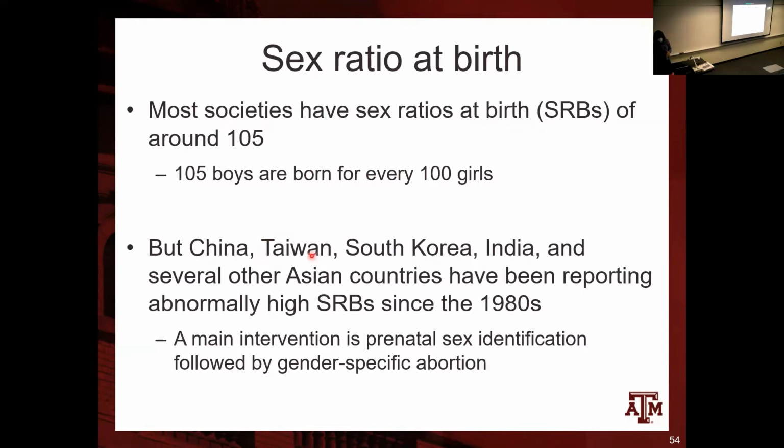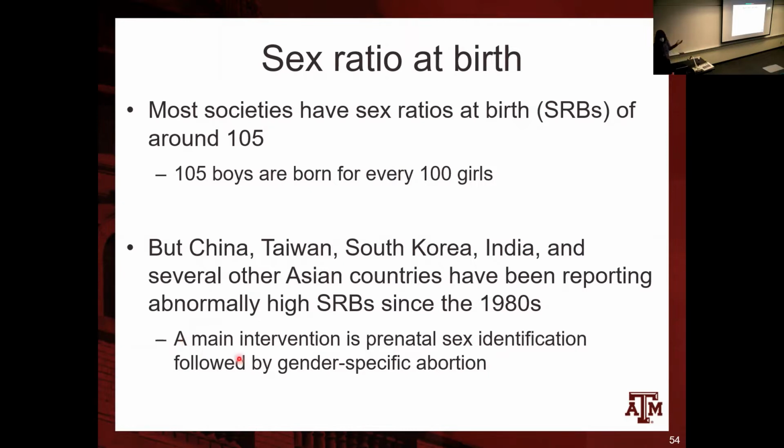But specific countries like China, Taiwan, South Korea, India, and several other Asian countries have been reporting really, really high sex ratios at birth since the 1980s. And the main thing is exactly a preference for boys. When the couple realizes that the woman is pregnant with a daughter, they pretty much go through an abortion.